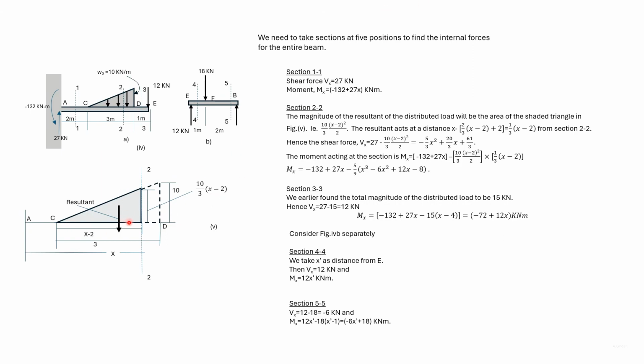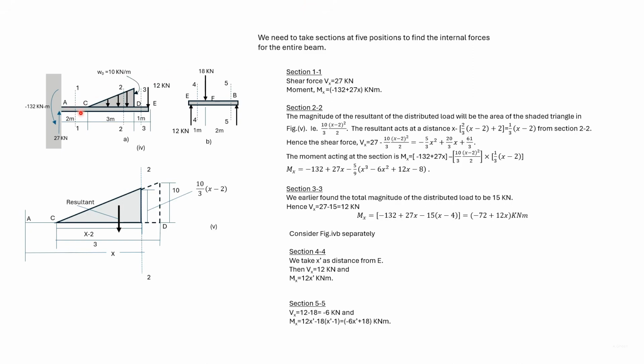The area of the shaded triangle is this ordinate into x minus 2 divided by 2, which we represent here. The position where the resultant acts from C is 2/3 of x minus 2.